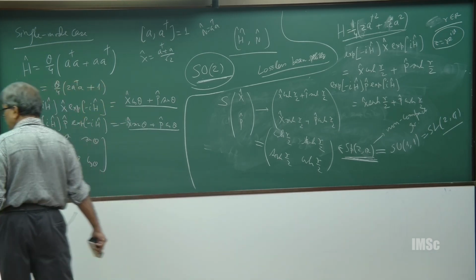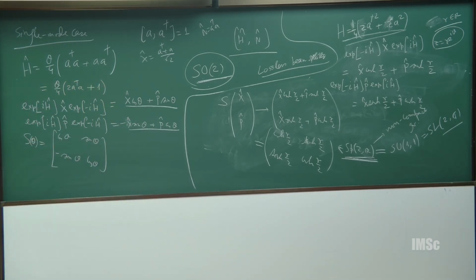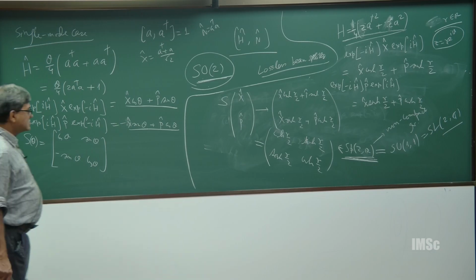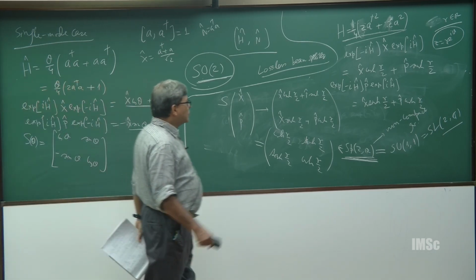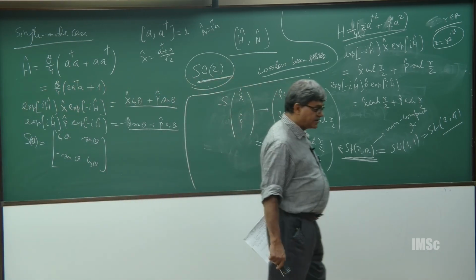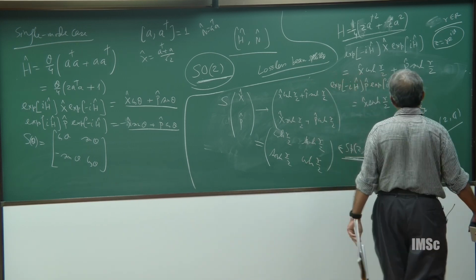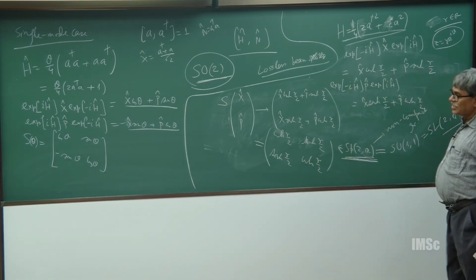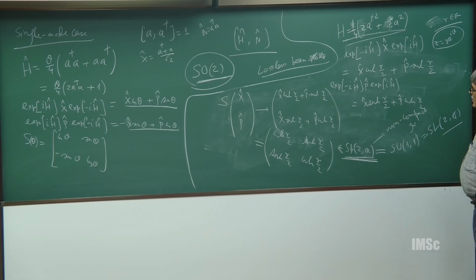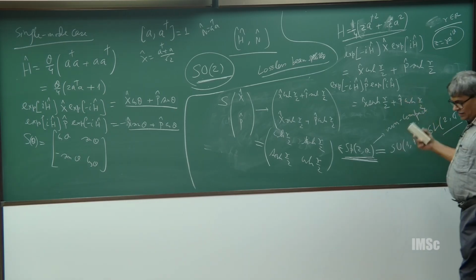Excuse me, sir. Yes. Generally, I take the Hamiltonian for squeezing to be something like a square minus a dagger square, and then I see that x simply transforms as e raised to the power minus r times x. Here it is not like that, because the Hamiltonian is different, but essentially this is also squeezing.